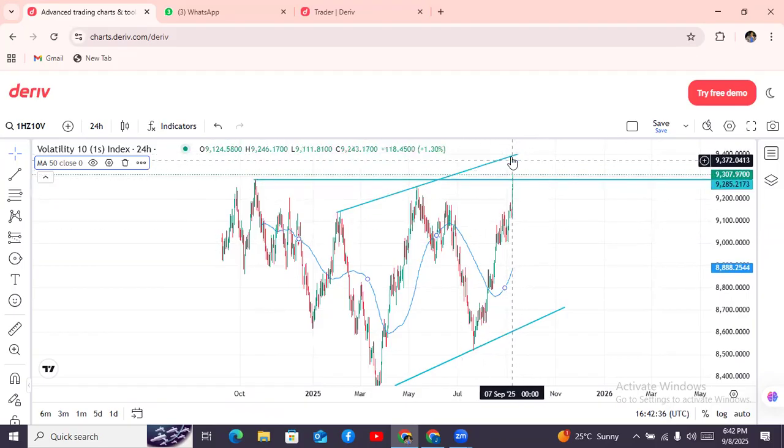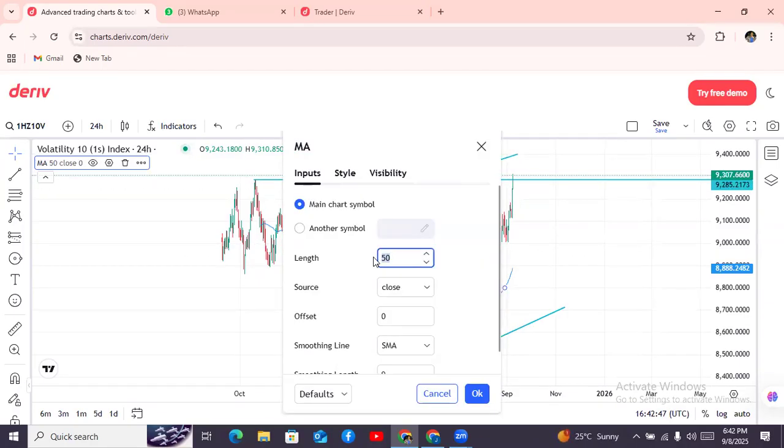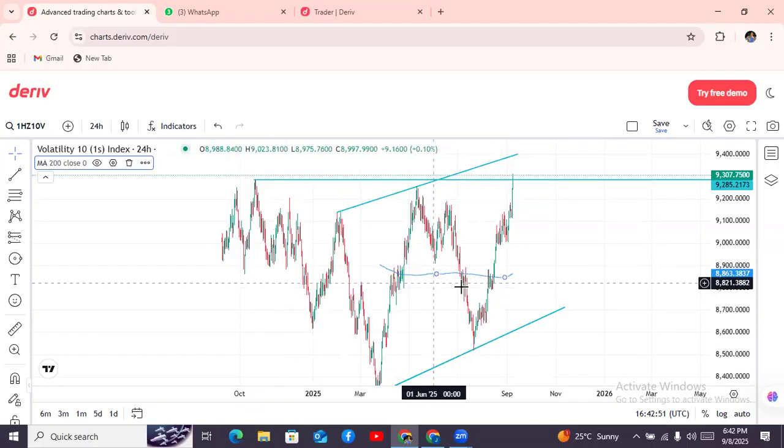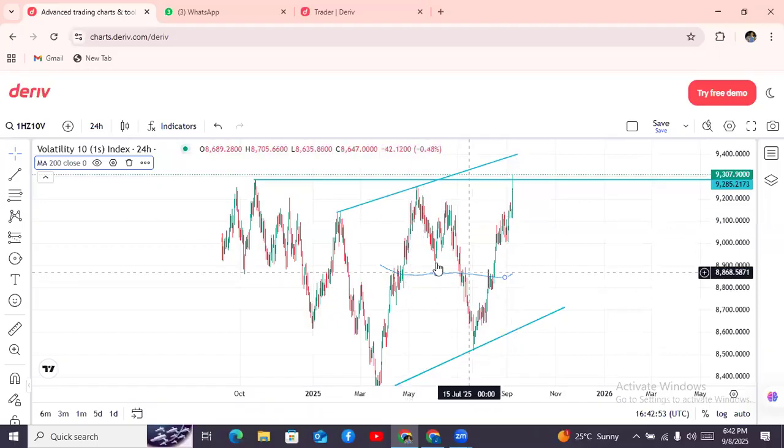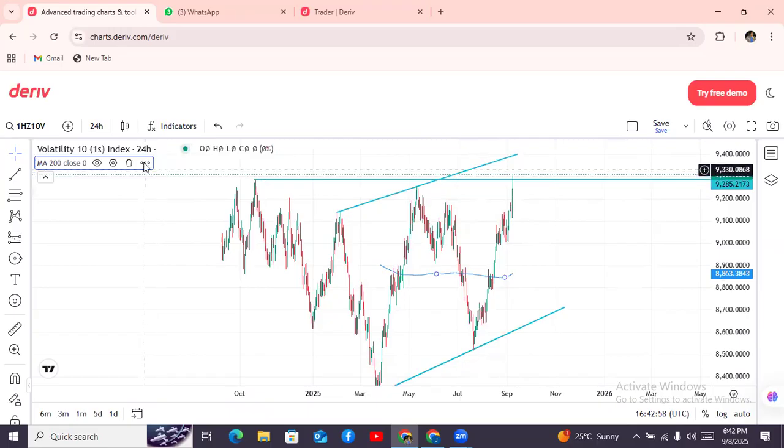Even if you use a 200 moving average, it still shows that price is going up. So it's not strange that the market is going up.